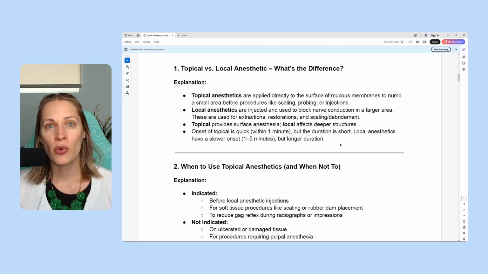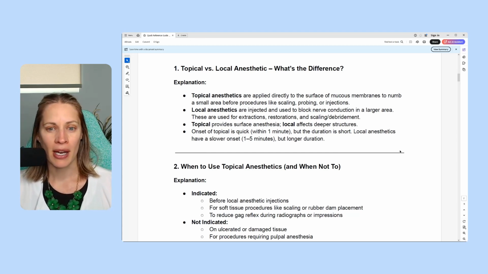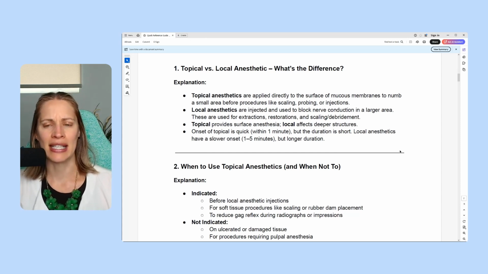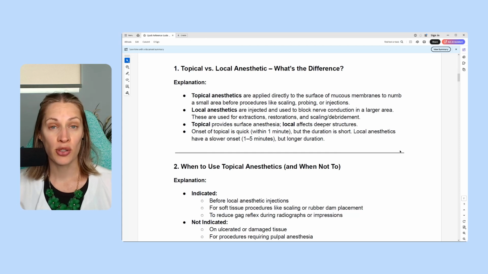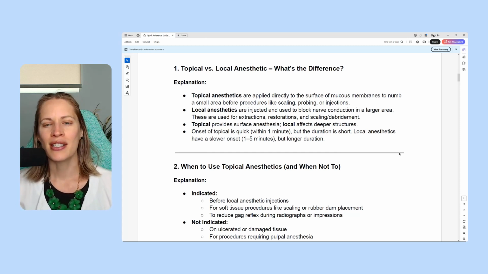Topical works right away. It says here within a minute, but I find it does work right away. Local anesthetic is different in the sense that it's going to take longer to work, sometimes even 5 minutes, but also sometimes up to 20 minutes, depending on the type of anesthetic being used. So there are differences here.